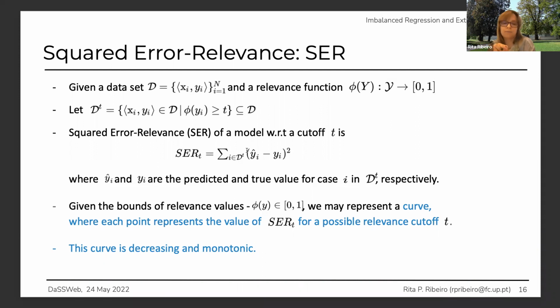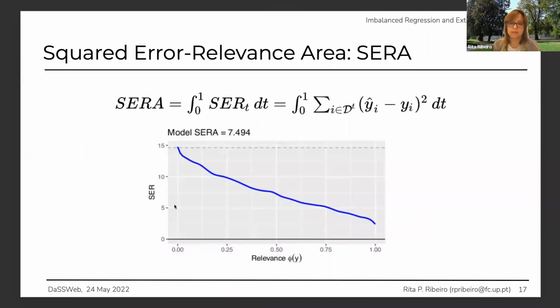The maximum would be obtained for t equal to 0, which is all the points. And as we increase t, fewer and fewer cases are accounted for in this overall sum of squared errors. So if we join lots of points, varying the value of t, we end up with a curve that is decreasing and monotonic. So basically, we obtain this.